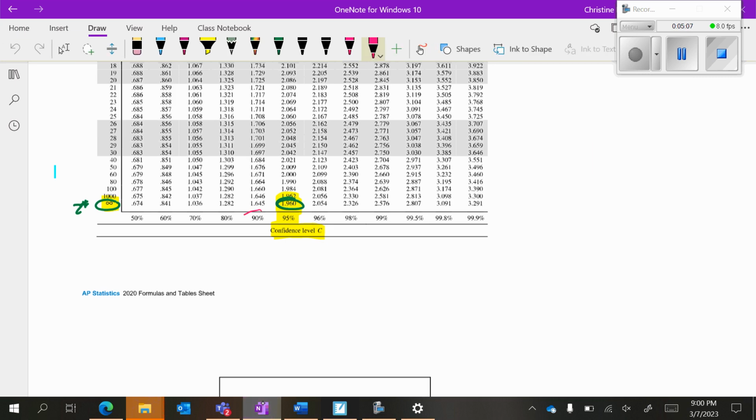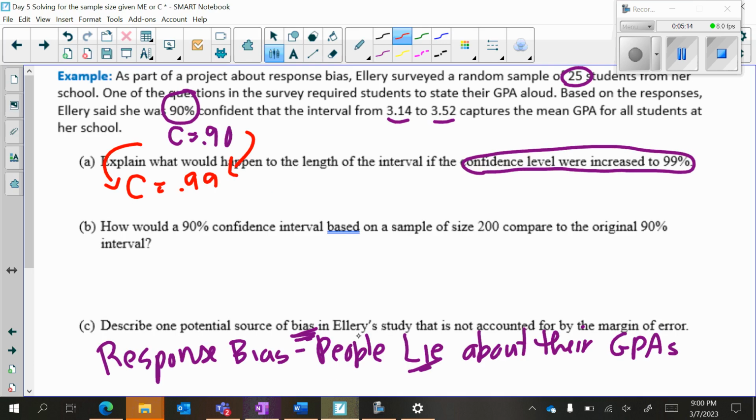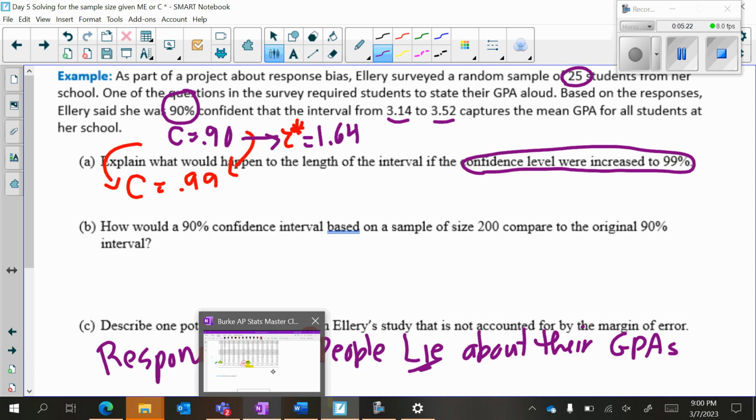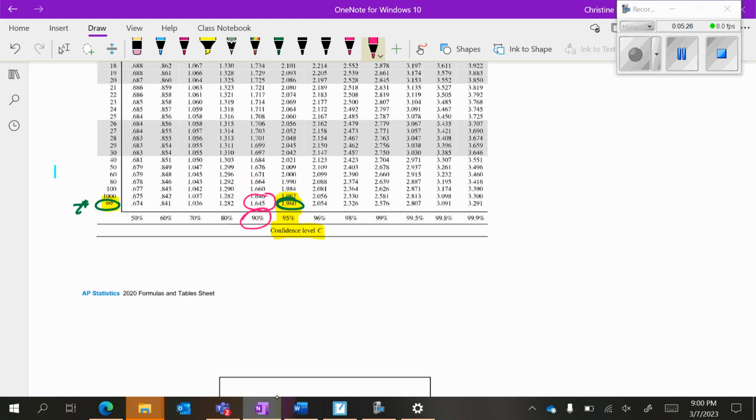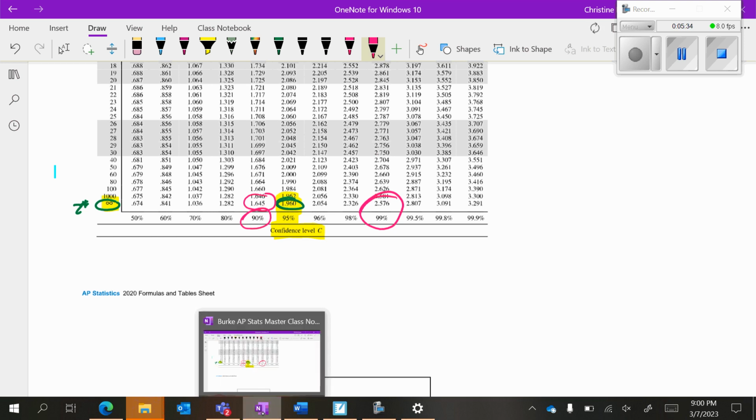If you look at 90%, the Z star is 1.645. If you look at 99%, you're going to be more confident, 99% confident instead of 90% confident. So your Z star is going to go up to 2.576.